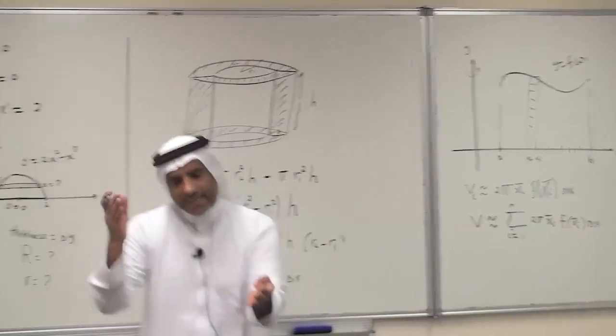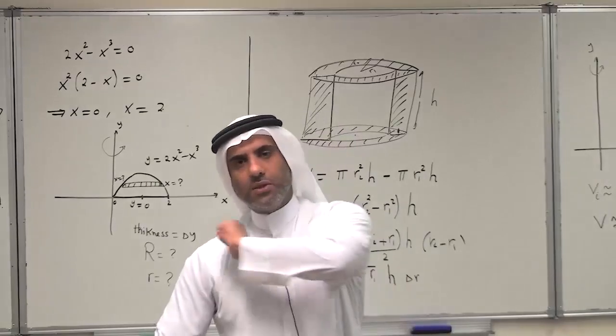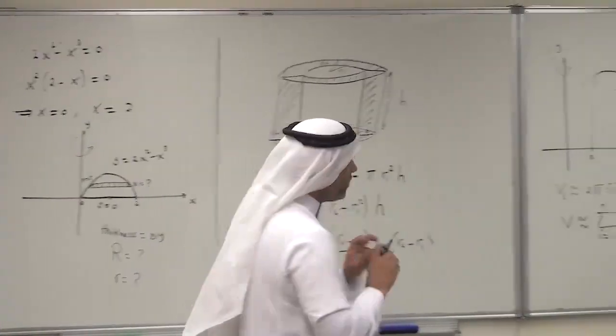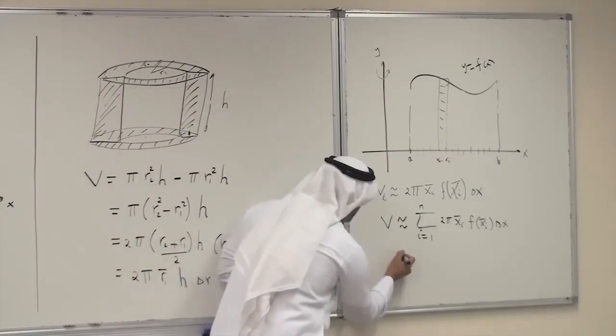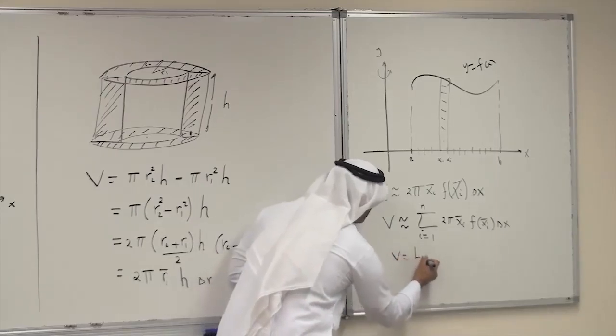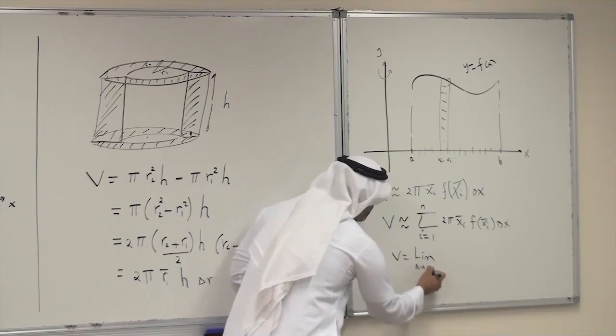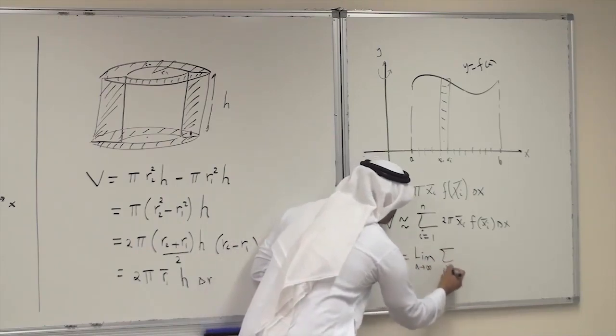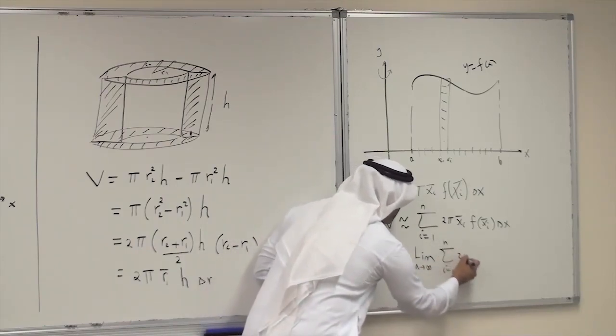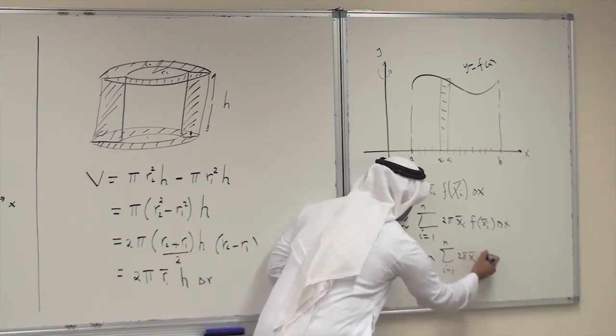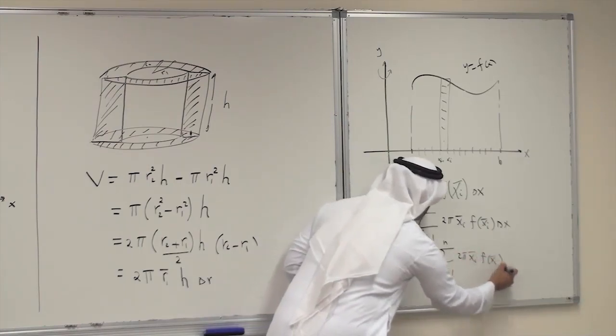Now how to make things exact? As usual, we need to push n to go to what? To infinity. So I need to take the limit now. If you take the limit, then what you have is this. The volume is exactly equal to the limit as n goes to infinity of the summation i equal to 1 up to n, 2 pi x i bar f of x i bar multiplied by delta x.